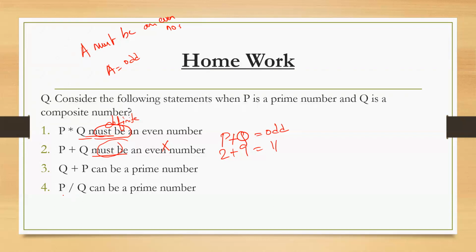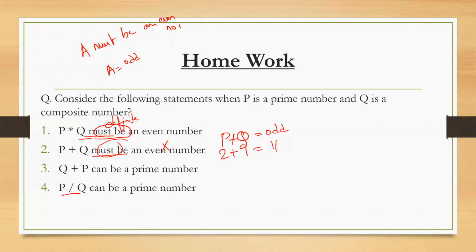Acha, last statement, this one. Okay, that is P by Q can be a prime number. Is that possible? P by Q can be a prime number. Let me think. P by Q can be prime number 2. No, that is not possible. What about this statement, everyone? P by Q can be a prime number. Is that possible?